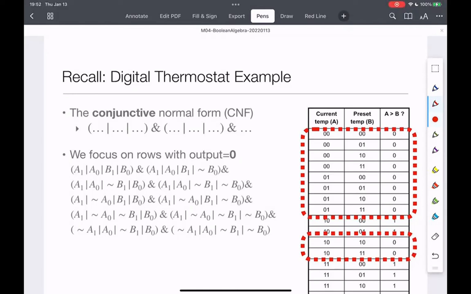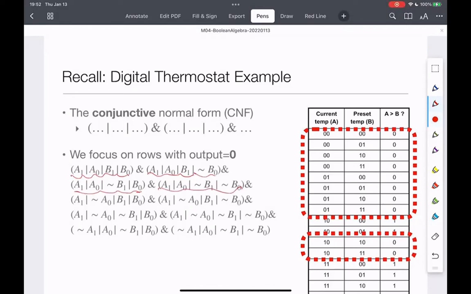So it's basically all the max terms. In this case, there are 10 of them.